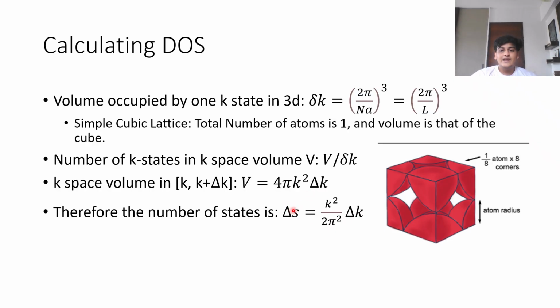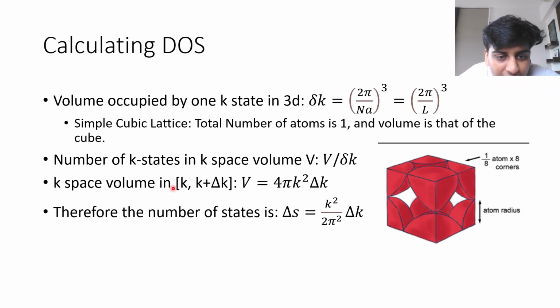So the idea is that we've already figured out how much volume one K state occupies. We just need to find out that in this K space, between K and K plus delta K, how many states are there. So how much volume is there? Because if we divide that by the volume occupied by a single state, we can find out how many states are there.